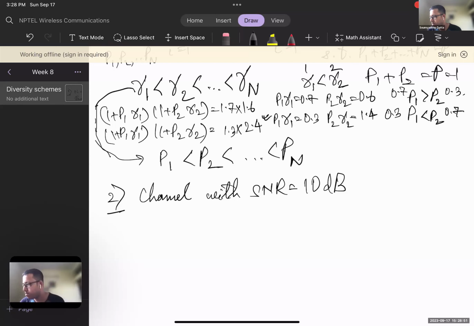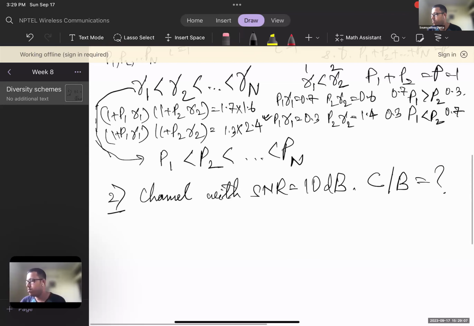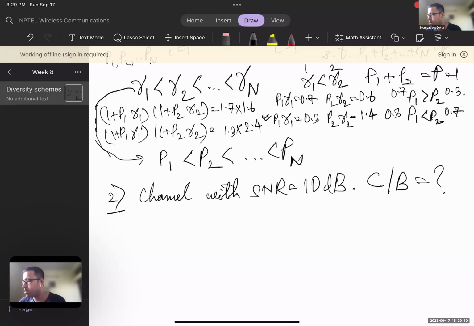And you are asked the capacity of the channel per unit bandwidth. So you are asked this: capacity per unit bandwidth. This is how questions will be phrased.